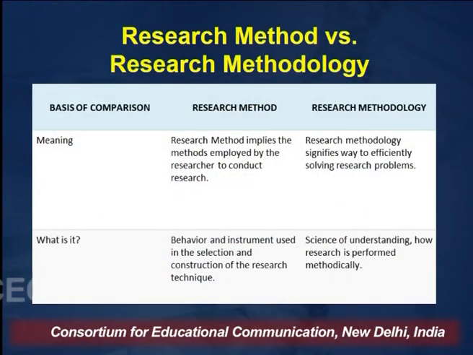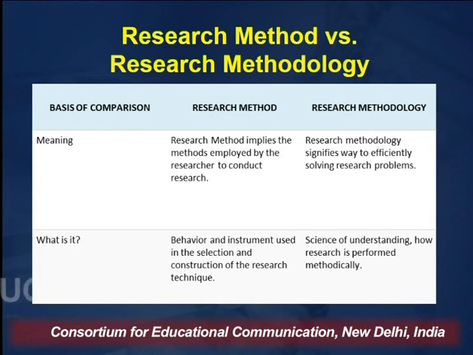Before I move further, I will show you a brief table, because again I repeat that people do get confused about research method and research methodology. I have tabulated it, and you can see that the research method is just the techniques and methods involved in solving a problem.